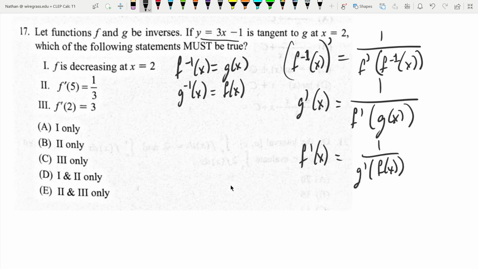Now, from the information here, we have y equals 3x minus 1 is tangent to g at x equals 2. Well, first off, the slope of this line is 3. That means g prime of 2, the derivative at that point, is going to be the slope of this tangent line.